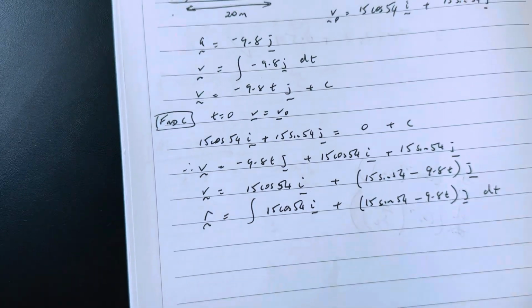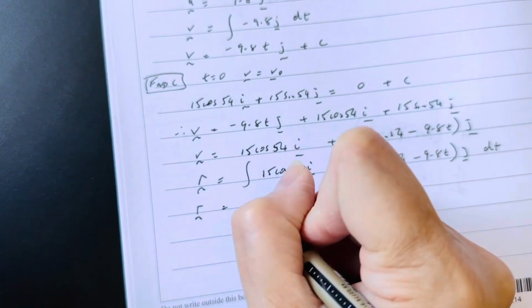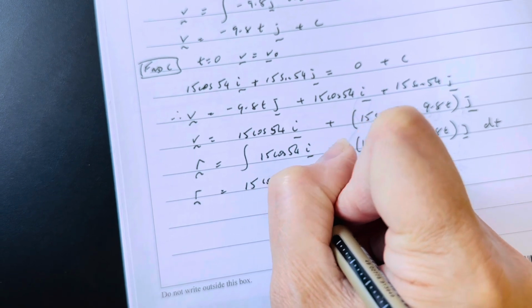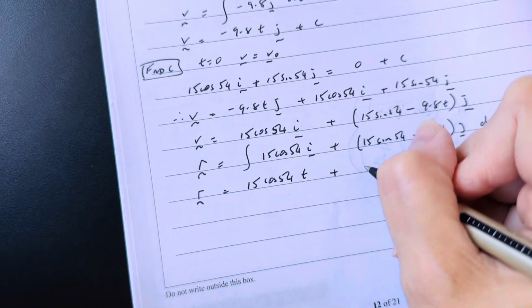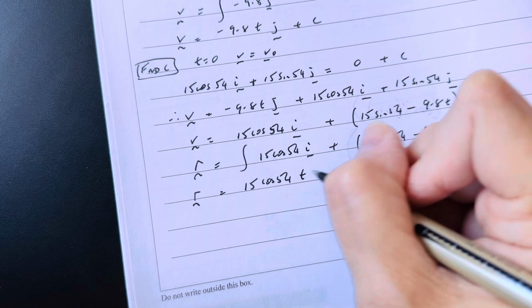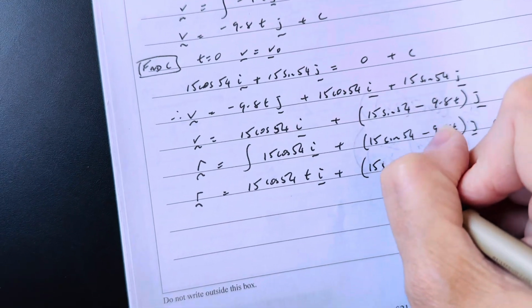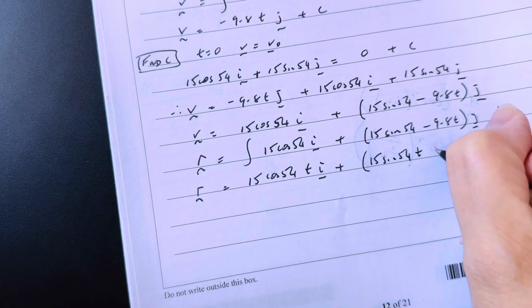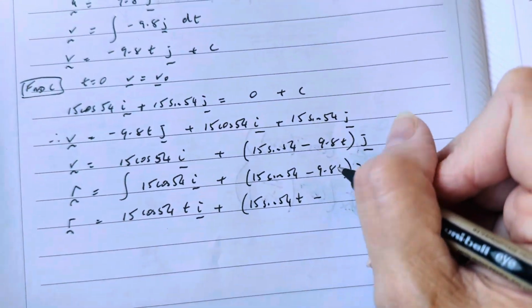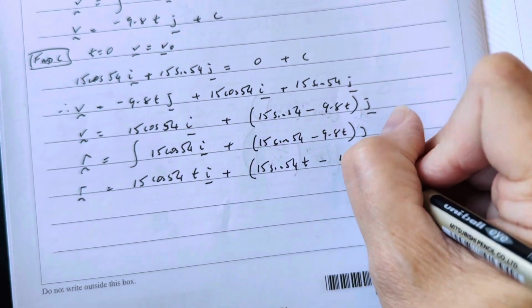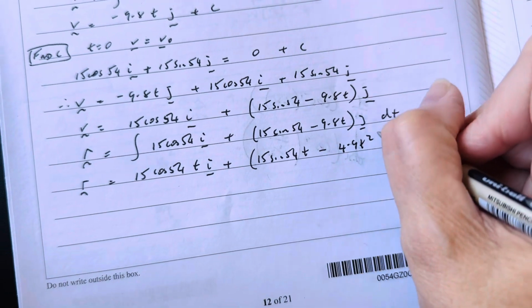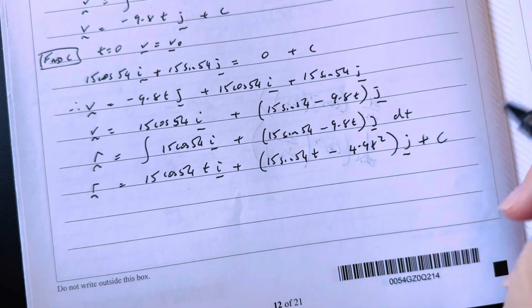So I'm going to integrate it. That's 15 cos 54 t i plus (15 sine 54 t minus 4.9t squared) j plus c.